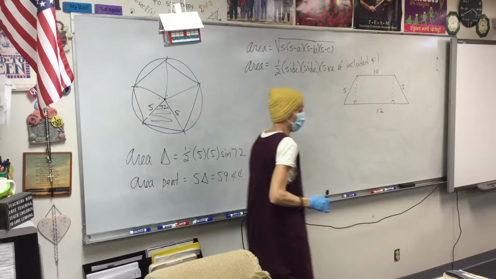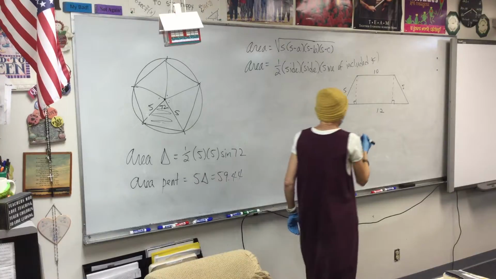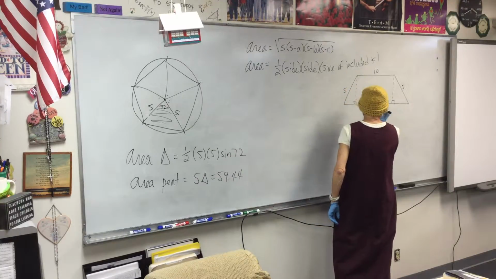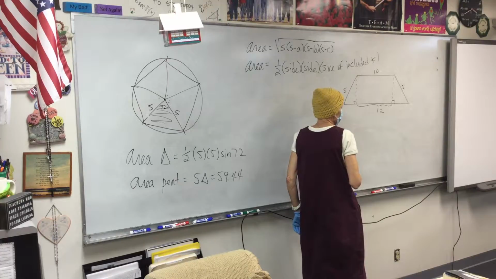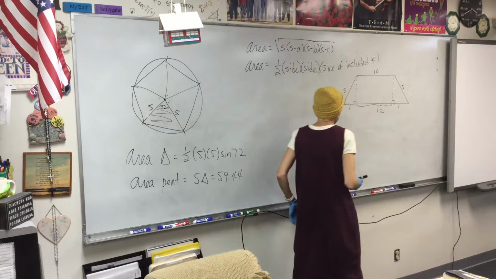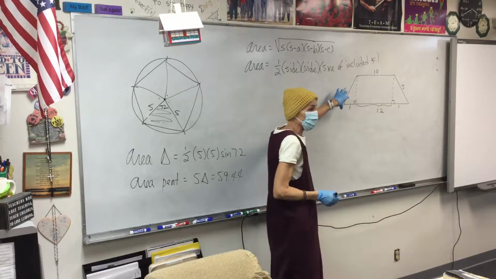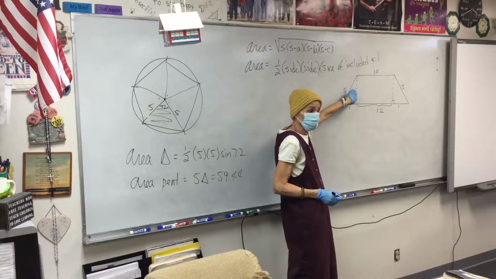Now let's talk about what we know having done that. How long is this right here? 10. That's 10. So how long is this? 1. So now I have a right triangle. This is a right triangle, like Robert said.